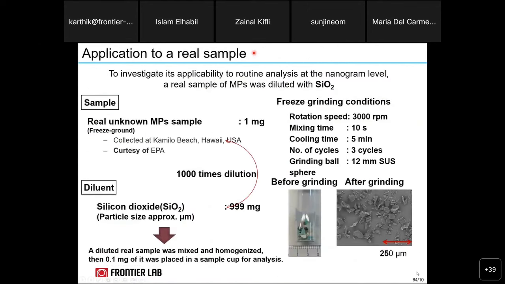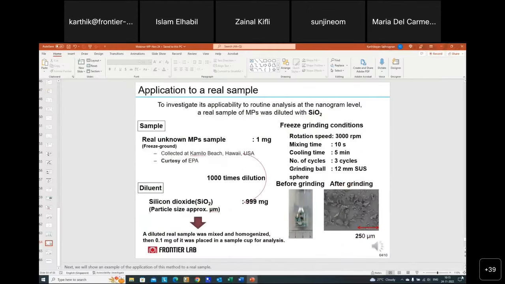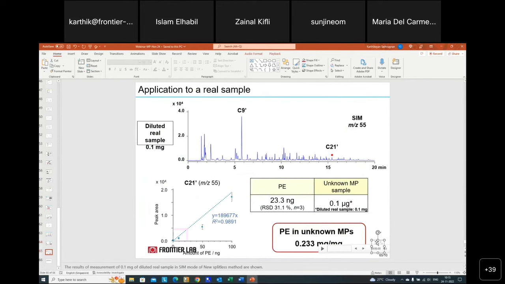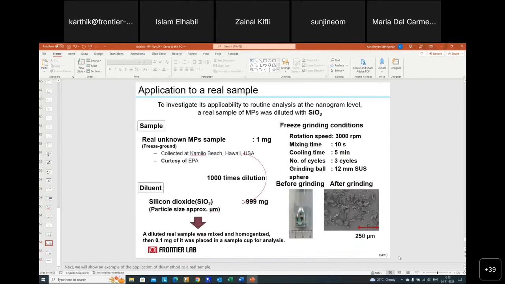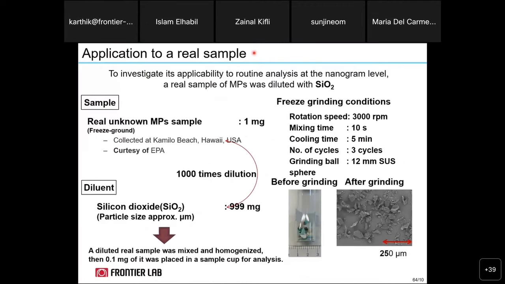Next, we will show an example. I will try to wrap up with one application to investigate the applicability for nanogram level analysis.